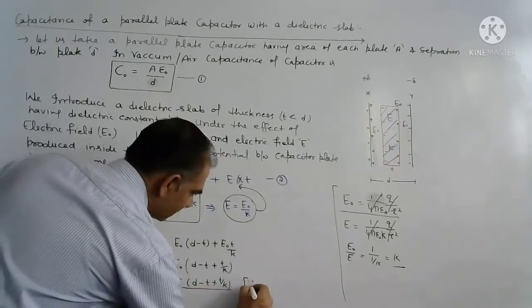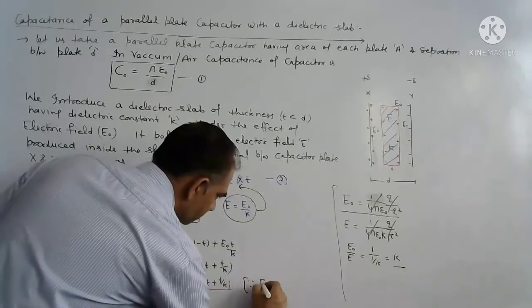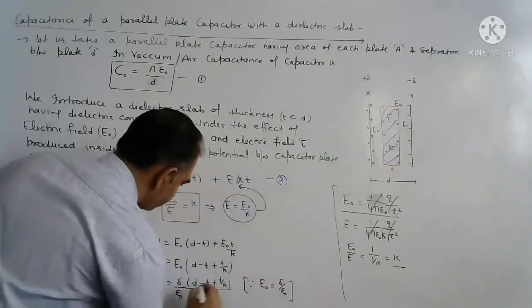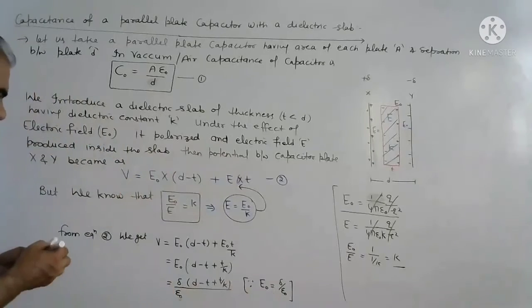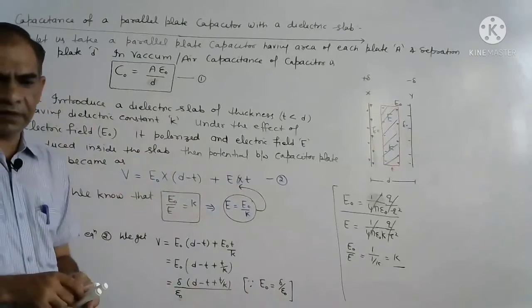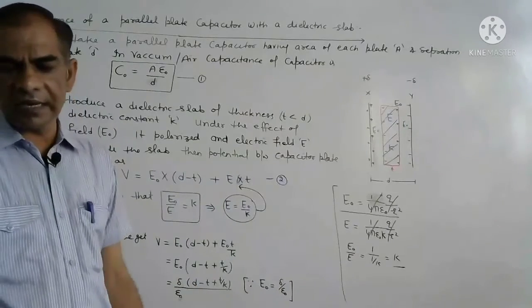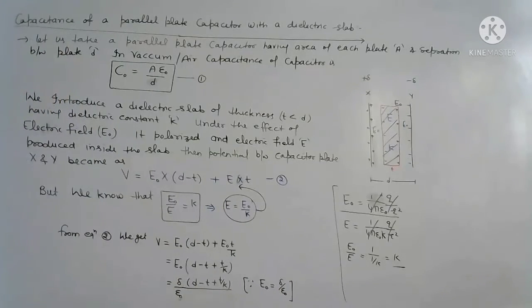Here I will write, by using Gauss theorem, E naught is equal to sigma upon epsilon naught. From the definition, sigma is charge per unit area. So we explain this charge per unit area and put in this value.